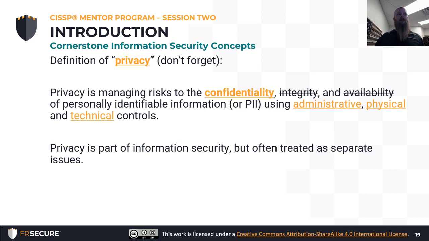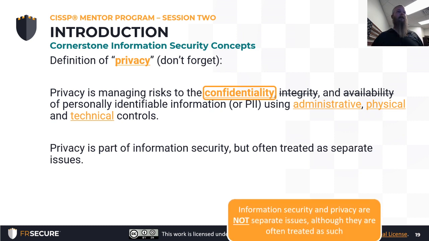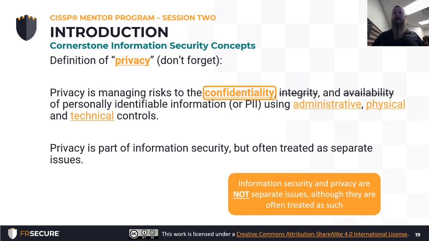Privacy is managing risks to confidentiality, using the same types of controls, administrative, physical, and technical, but really just focusing on confidentiality. So you can see in the definition that this is clearly part of information security. The sad thing is many organizations treat them as two separate disciplines that don't interoperate very well together. If you see that, that's an opportunity for you to fix something. They have to work closely together.